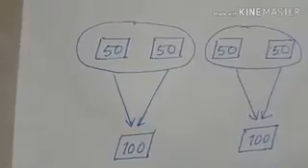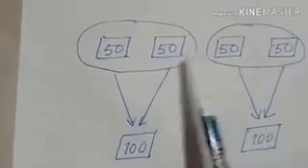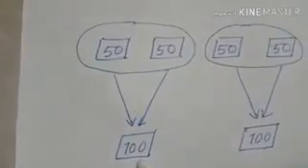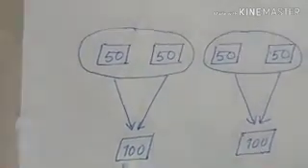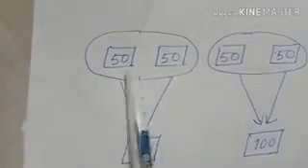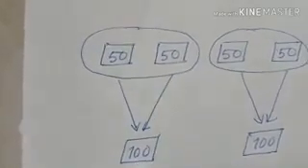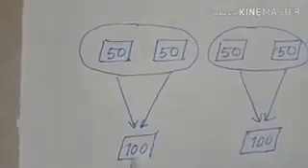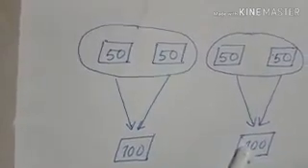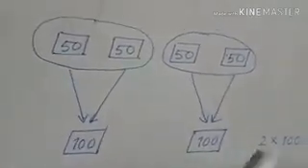Another way to rename is to change these 2 groups to 100, and you get 100 by adding these two 50s. Now you have 2 groups of 100, so you can write it as 2 times 100.